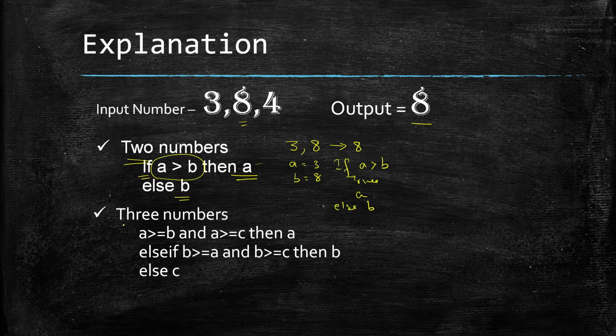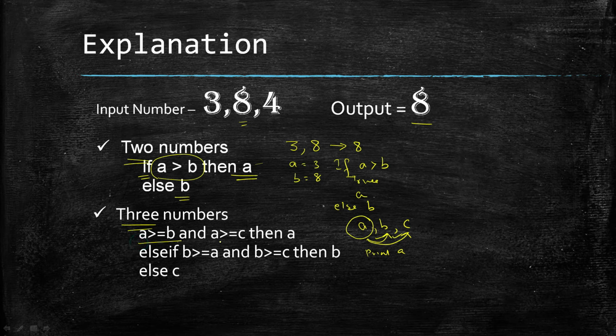Next is, how do we deal with three numbers, as in this case 3, 8, 4, where the output is 8. Here we have to use conditions two times. We have A, B, C. First we will hold A and see if A is greater than B as well as A is greater than C. If both the conditions are true, then we will directly print A is the greatest.